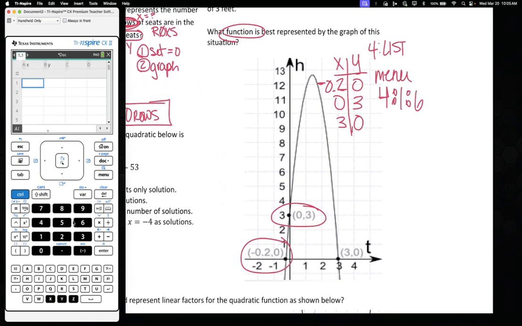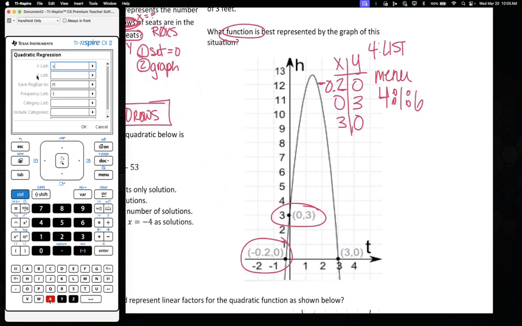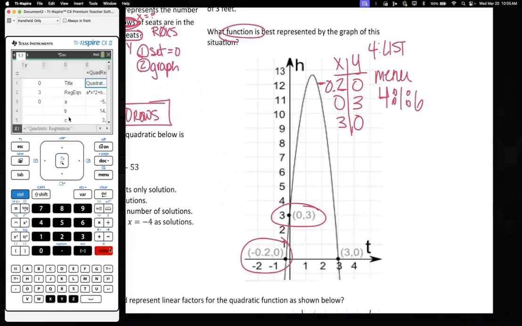Okay, so we can come here, negative 0.2, 0, 3, and then over here, make sure your numbers line up, 0, 3, and 0. And C1, menu, 416. All right, we're going to call the x list x and the y list y. Enter, enter.